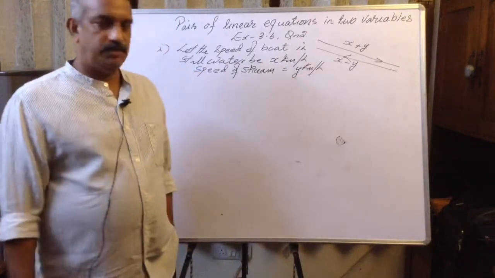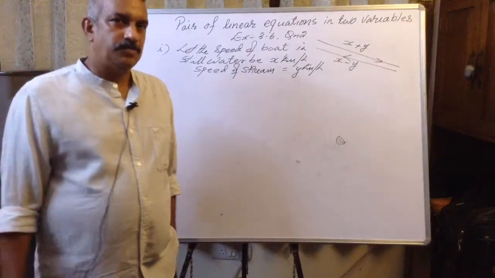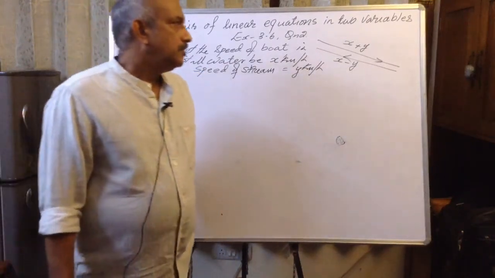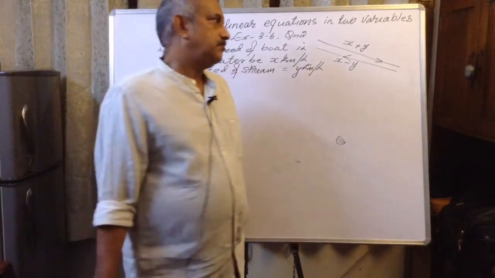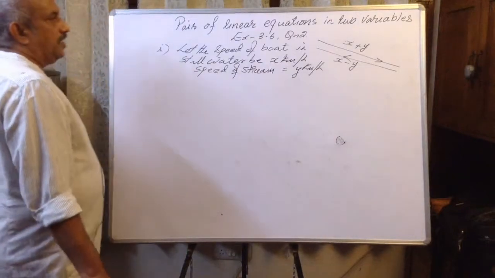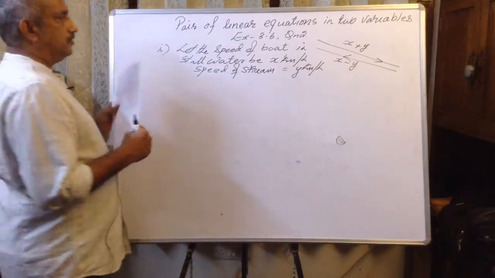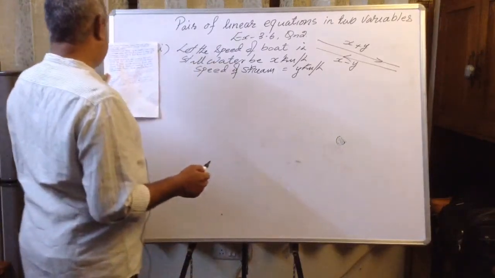Whatever is the speed of the boat plus speed of flow of water, that will be the resultant speed in downstream, because both are going in the same direction. Now in upstream the difference will be the resultant speed, because one is going in one direction, the other one is going in the opposite direction. So first case they are saying a boat goes 30 kilometer.